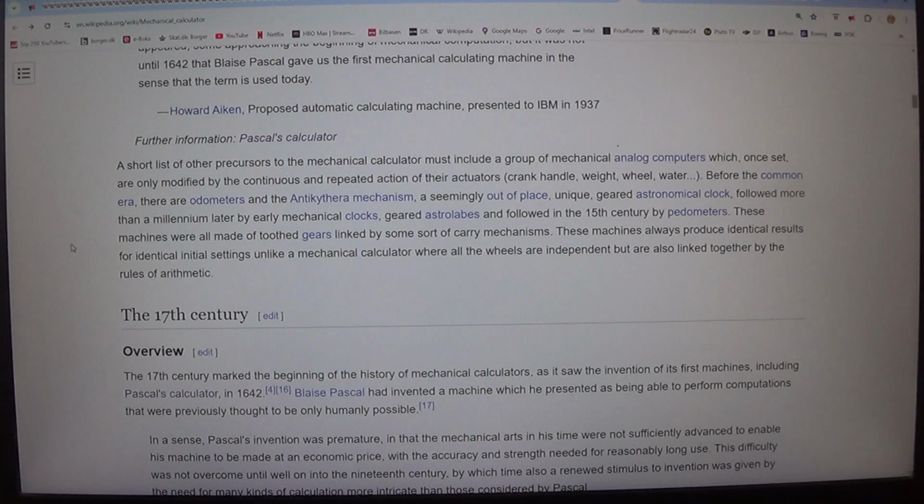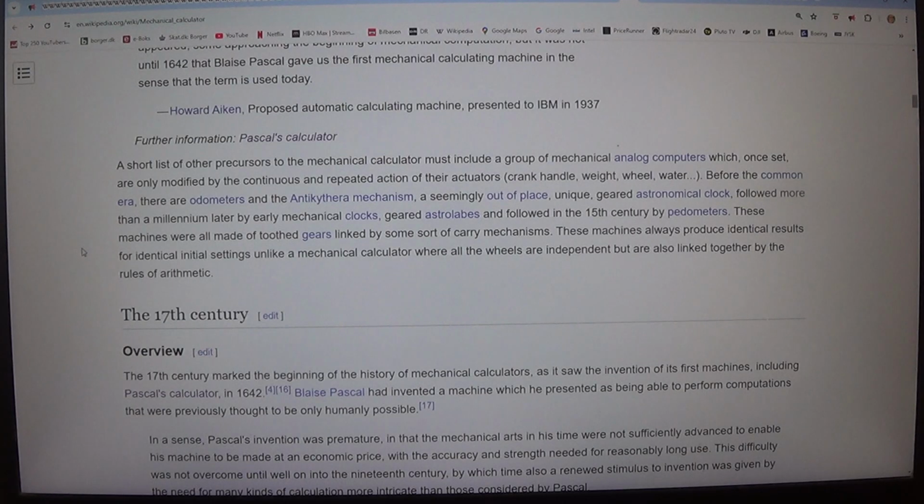Further information: Pascal's calculator. A short list of other precursors to the mechanical calculator must include a group of mechanical analog computers which, once set, are only modified by the continuous and repeated action of their actuators: crank handle, weight, wheel, water.